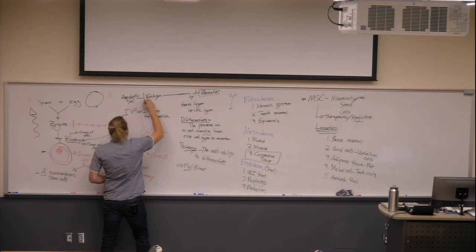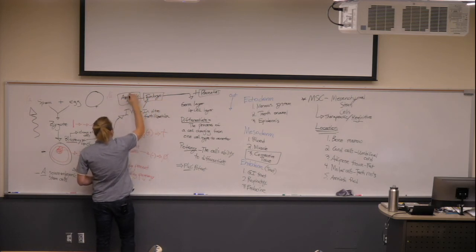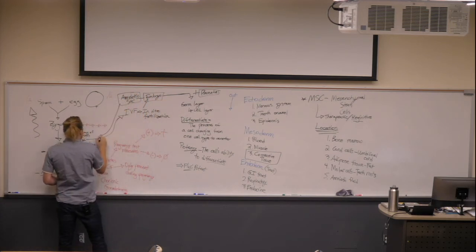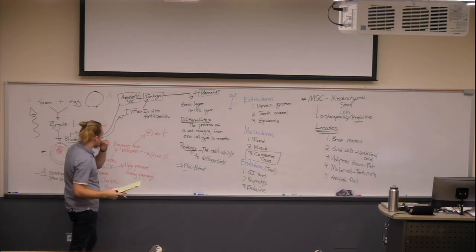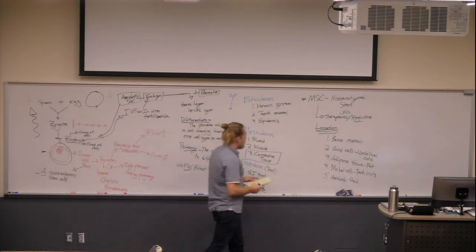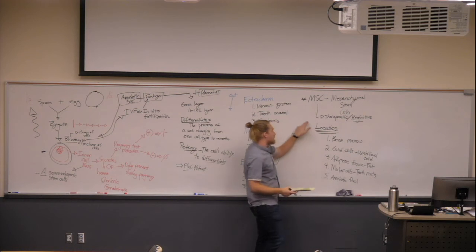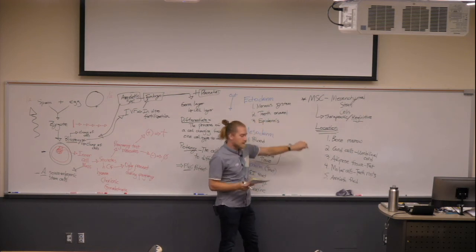So the placenta, the embryo, and the embryonic sac all come from the blastocyst. And then this is where we get some mesenchymal stem cells.